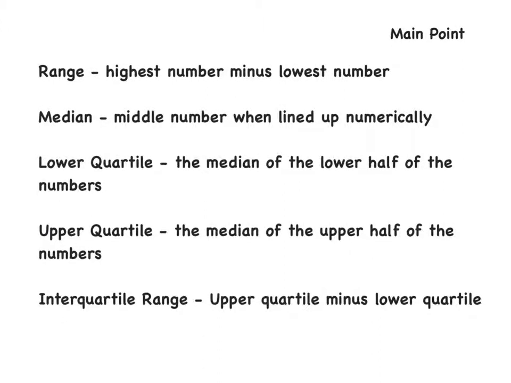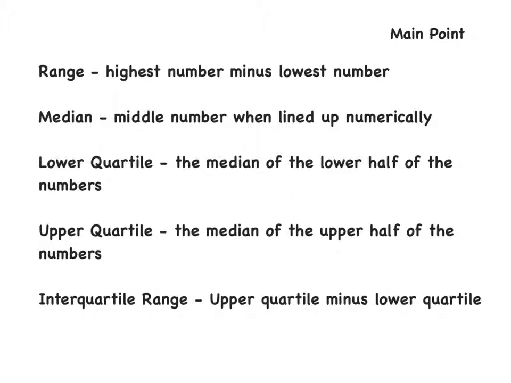Now the reason why we keep saying quartiles is just think of it real quick. The median basically finds the middle number and it splits the number set into 2 groups. Now when you find the lower quartile, you're taking half of the lower group and you're splitting that into 2 groups.